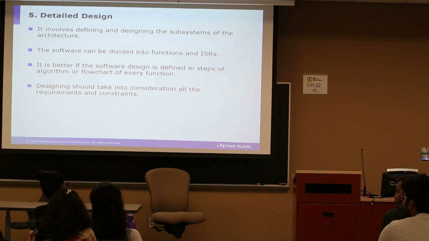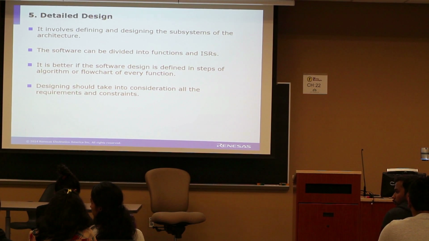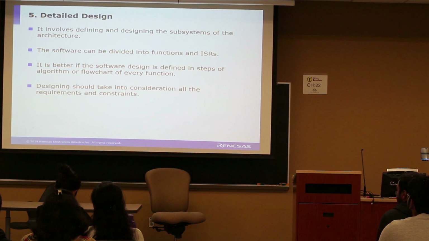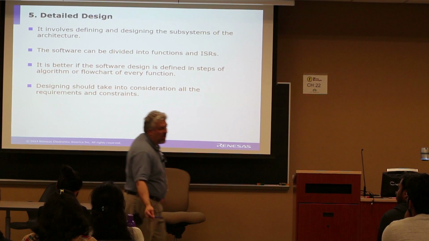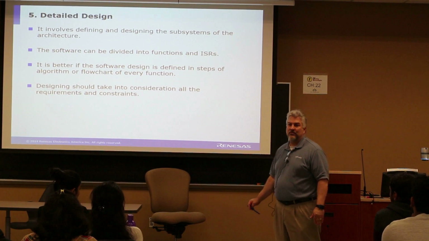Next is detailed design. Now that you know what your function is, you can actually write the detailed design, and the detailed design would be the subsystems of the architecture. You could divide it into functions and ISRs and identify with an algorithm what each is going to do.